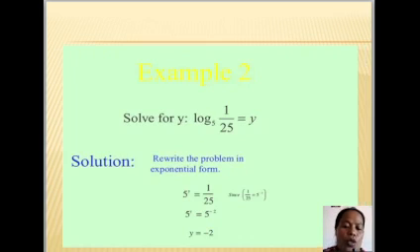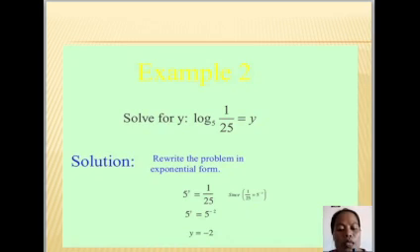Example 2. Solve for y. The logarithm of 1 over 25 to the base 5 is equal to y. We will write again the problem in exponential form. The base is 5 and the logarithm will be the exponent because logarithms are exponents. So 5 to the power of y is equal to 1 over 25.